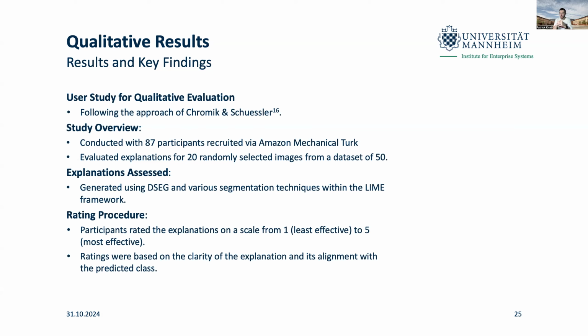Given these explanations, the original image, and the prediction of the model, we asked which explanation best fits their understanding. They did this by rating them on a scale from 1, least effective, to 5, most effective. The ratings are based on the clarity of the explanation and its alignment with the predicted class.